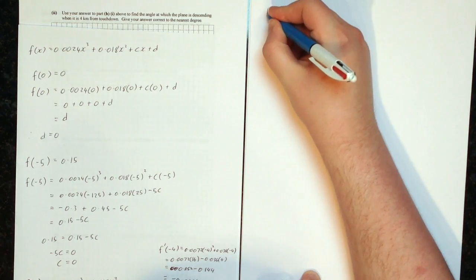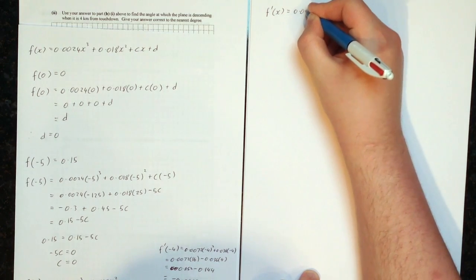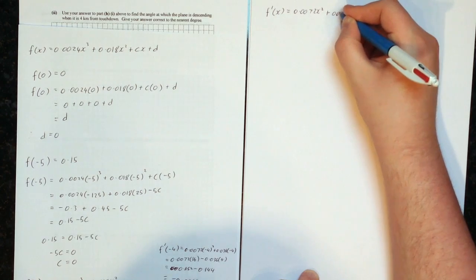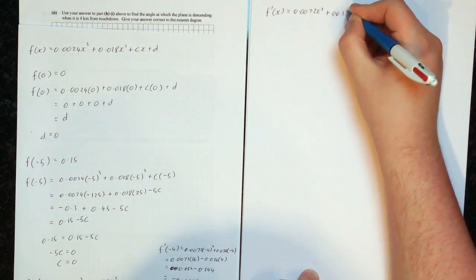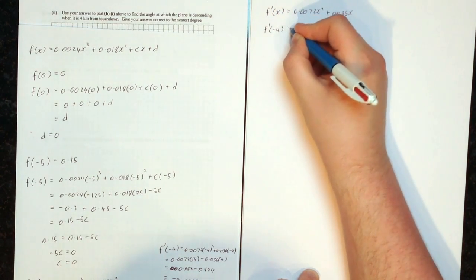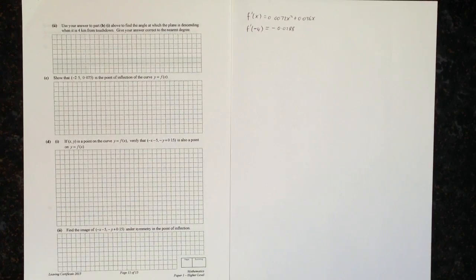The first thing we're going to do is remember that f dash of x is equal to 0.0072x squared plus 0.036x, and we found that f dash of minus 4 is equal to minus 0.0288. So we want to use this answer in some way to find the angle at which the plane is descending when it is 4 kilometers from touchdown.